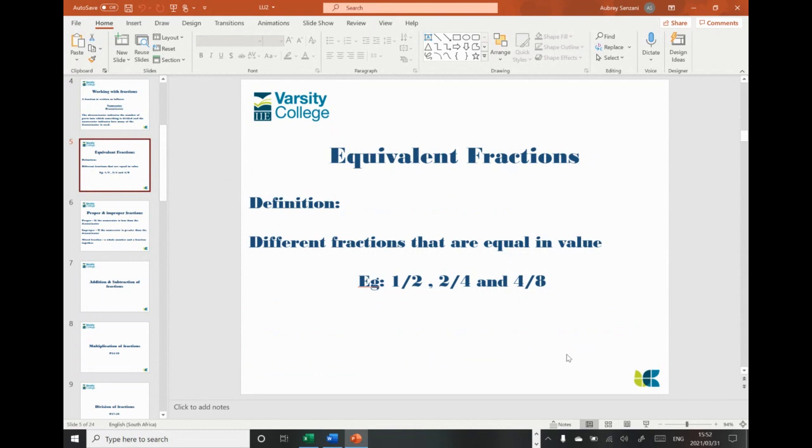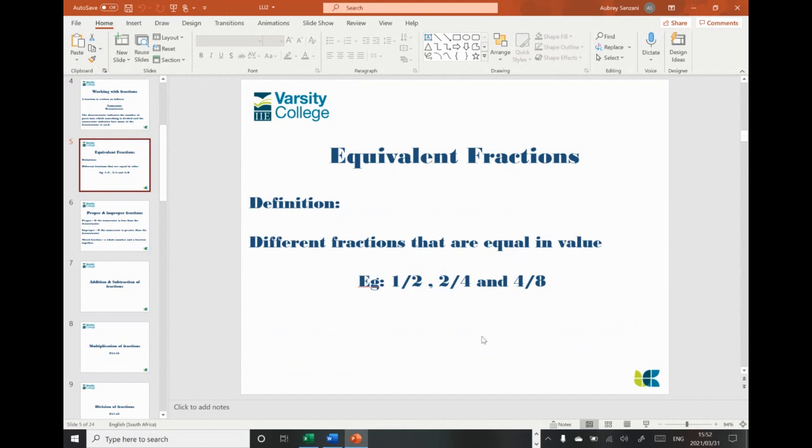Then we speak to equivalent fractions. Equivalent fractions are fractions that are equal to each other but are not written with the same numerator and denominator. Here we have an example of different fractions that are equal in value. We have 1/2, which is half, and then 2/4, which is also half.